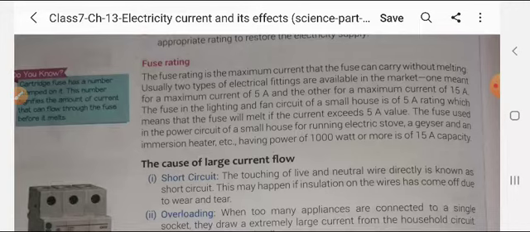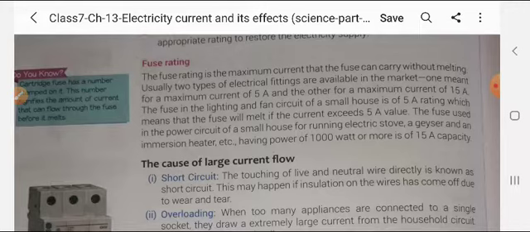In a normal house where people just use the fan and light bulb, the fuse used in the wiring is of 5 ampere, which means the fuse will melt if the current exceeds the 5 ampere value.